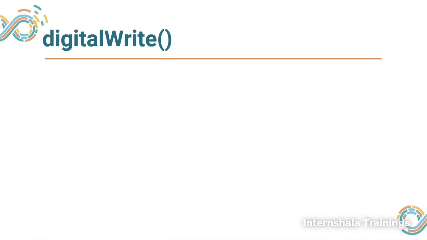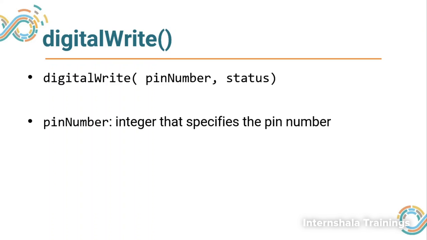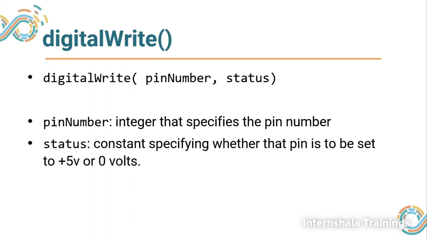The second one is digitalWrite. We should also take care of the spellings. Here W is capital, in pinMode M was capital. So when you write them, be very accurate in writing the spellings. Here I have two parameters, pin number and status. Pin number is of course the same integer which will tell us the pin number, and status can be about 0 volt or 5 volt.